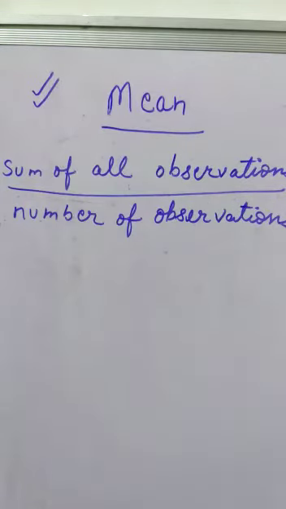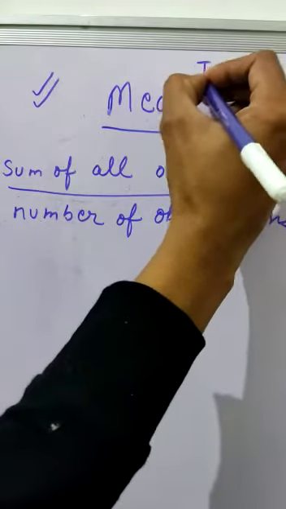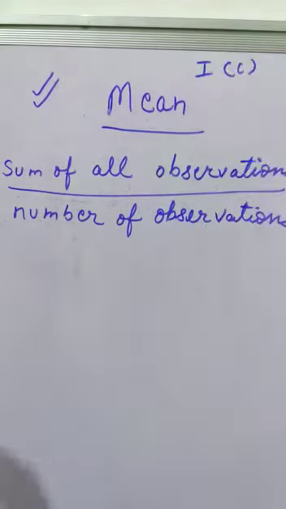So what is mean? Mean is obtained by dividing the sum of observations by the number of observations. This is a formula-based exercise, exercise 1C, where a simple formula is used.